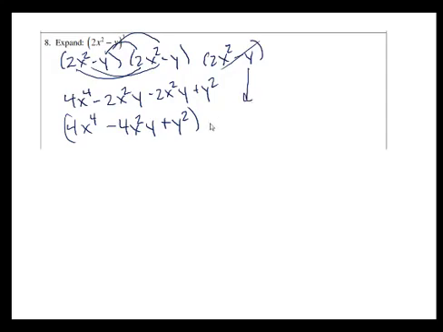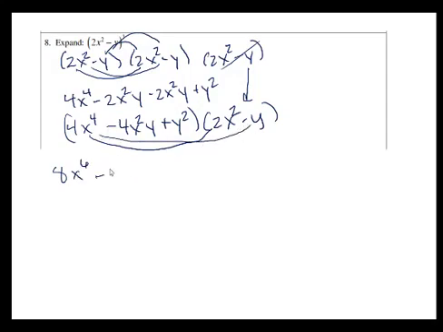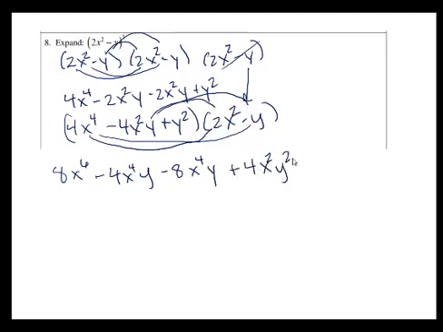Okay, now we're going to bring that down and distribute again. We're going to distribute the middle and the end. And the end one, and then y squared times negative y.